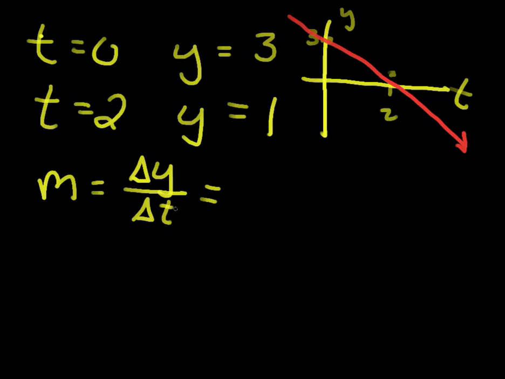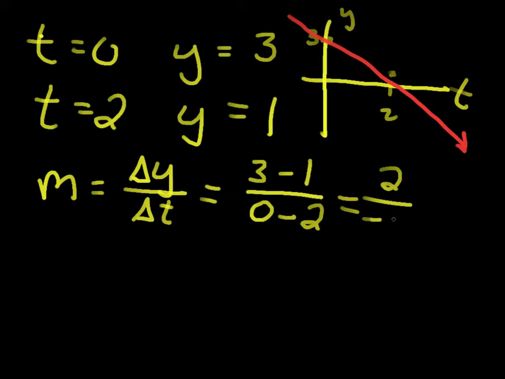Just because I changed to a different variable doesn't change the slope idea. So it's still 3 minus 1, our position when time is 0 and our position when time is 2, divided by 0 minus 2, which is 2 over minus 2, or minus 1.